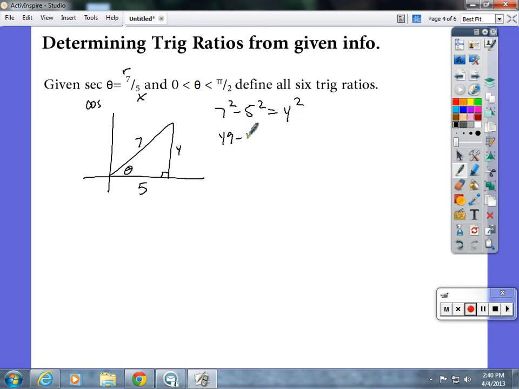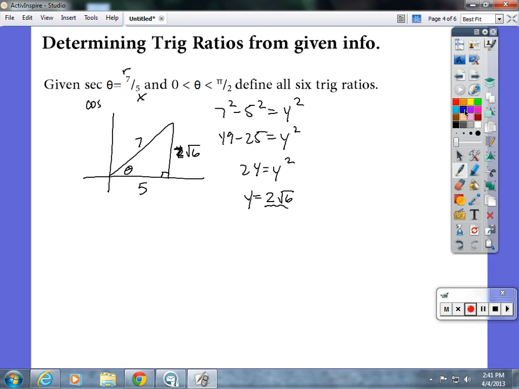So that's 49 minus 25, which is 24 equals y squared, which means y is going to equal 2 root 6. Remember, decimals we do not want. We do not want decimals, we want reduced radicals here.